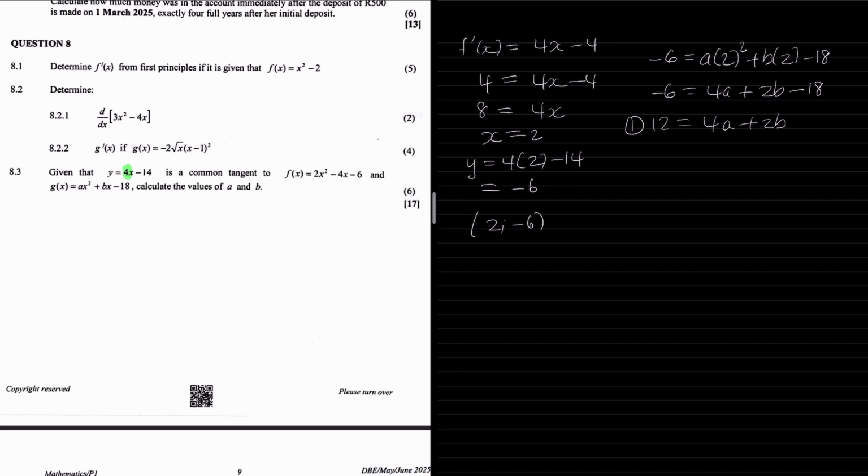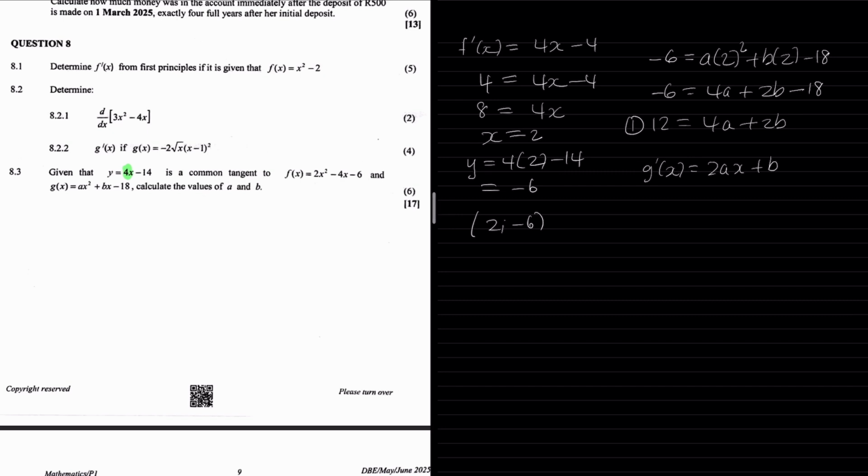Now you'll notice we have two unknowns, a and b, and so we will need another equation to solve simultaneously. What we can do is the same thing that we've done to f of x, which is take the derivative. So the derivative of g of x, so g prime x, is going to be 2ax plus b.